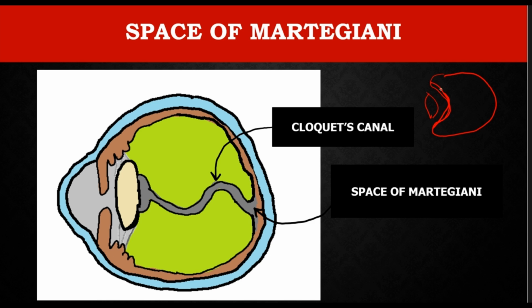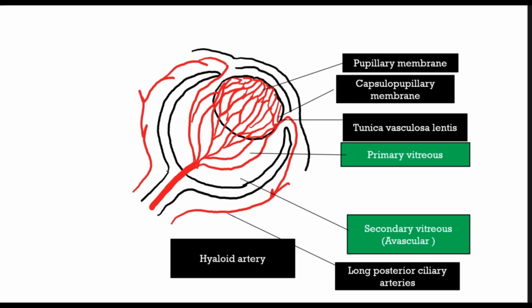So this depression anteriorly is known as the patellar fossa. Our Cloquet's canal starts from the patellar fossa as a very slight widening like this, and then it takes its S-shaped course in the central vitreous, and again it widens near the optic nerve head, and this funnel-shaped widening is known as the space of Martegiani. Okay, so I hope you understood what is meant by the space of Martegiani.